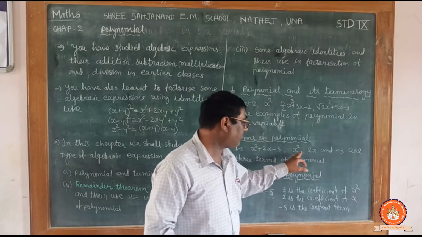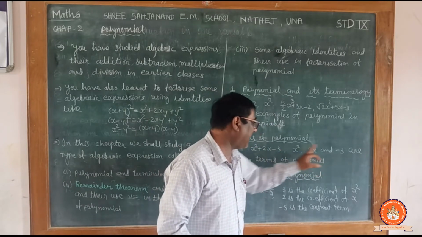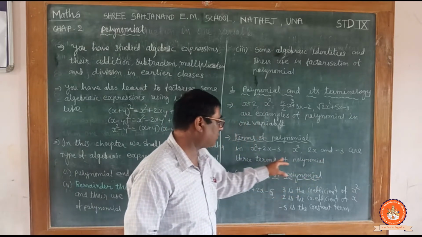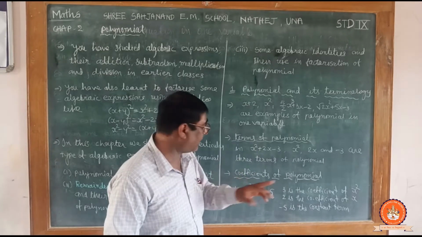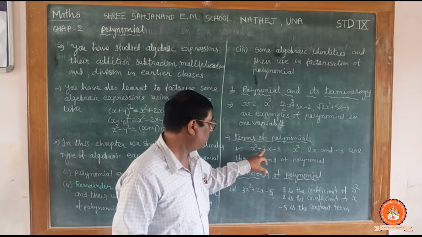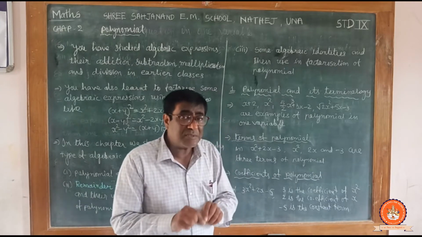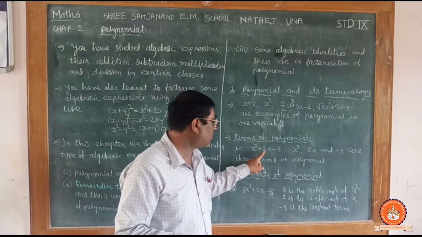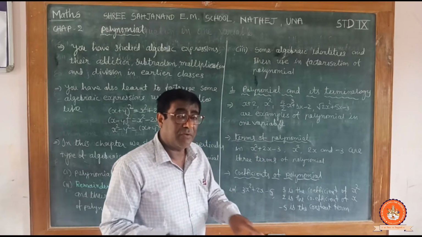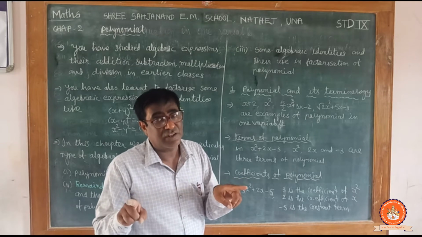So x square, 2x, and minus 3 are the three terms of the polynomial. This polynomial has three terms. Terms are separated by a plus or minus sign. Whenever you see a plus or minus sign, they are different terms.